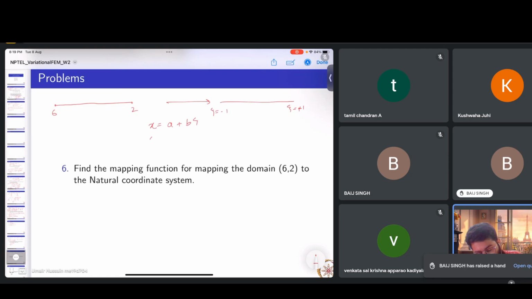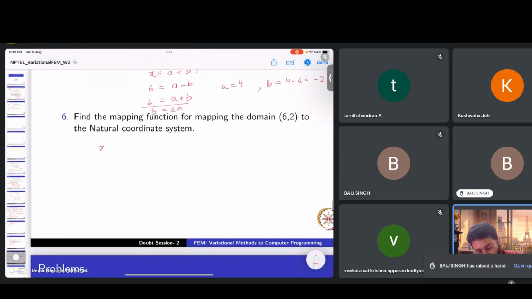At x equals 6, this time we have a minus b equals -1. At x equals 2, we have a plus b equals +1. We add these two, we get 8 equals 2a, a equals 4, and this time b is 4 minus 6, minus 2. So our mapping function is x equals 4 minus 2 zeta.